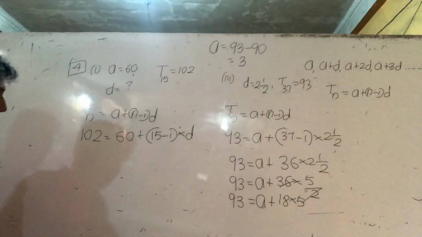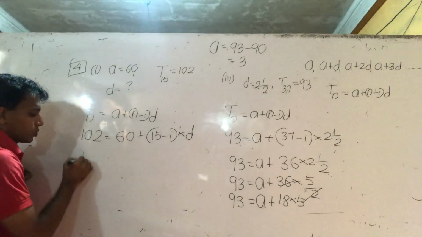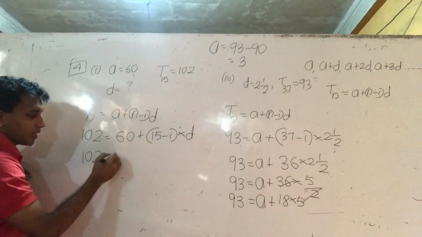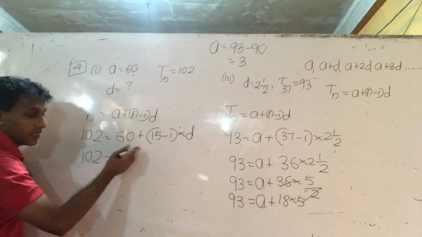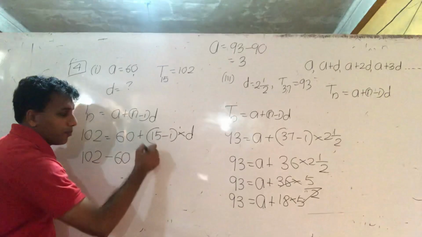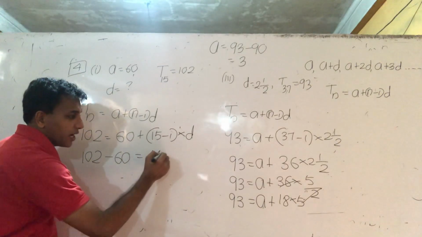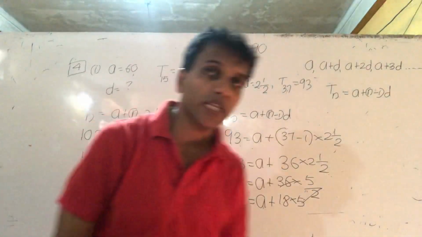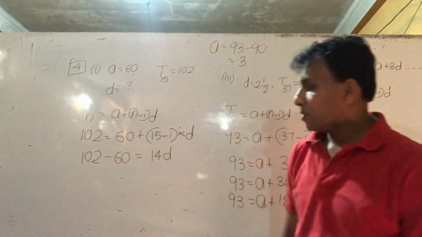Find the D value. So 102, take the 60 to this side, minus 60. Here we have 14 times D, since 15 minus 1 is 14, times D.